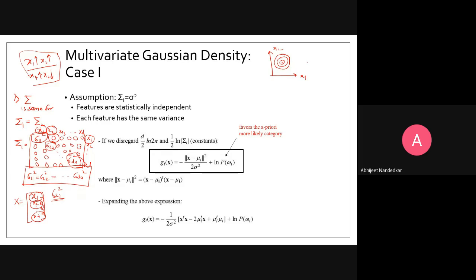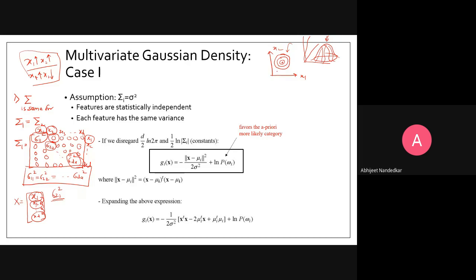If you see a Gaussian distribution in, say, 2 dimensions, it may look like this. You can imagine a cap, and when you see it from the top, you see circles. These are equi-valued circles.